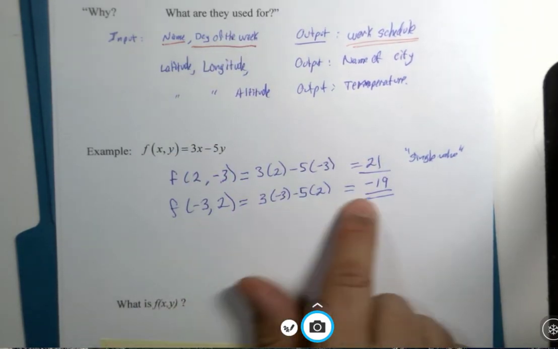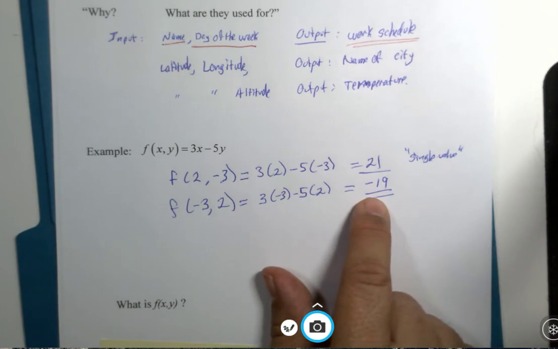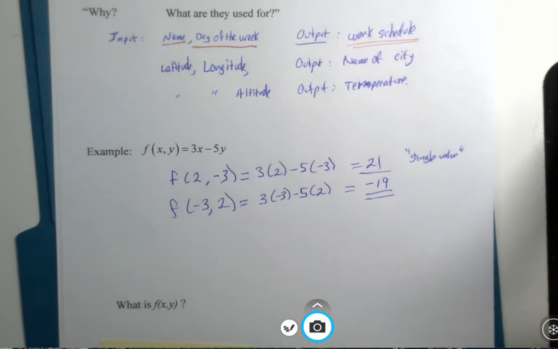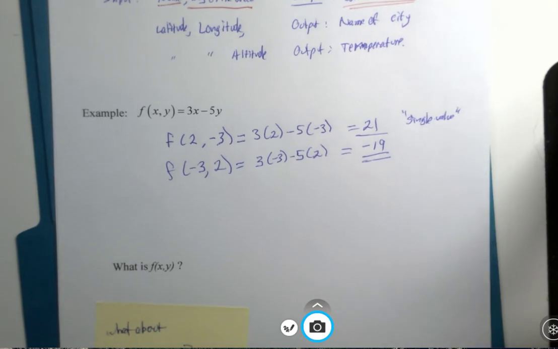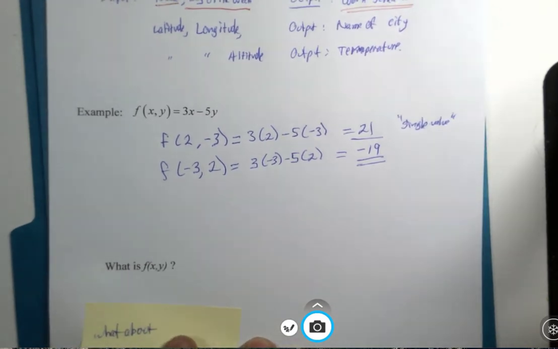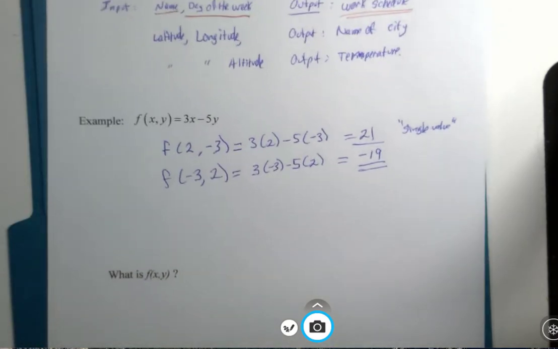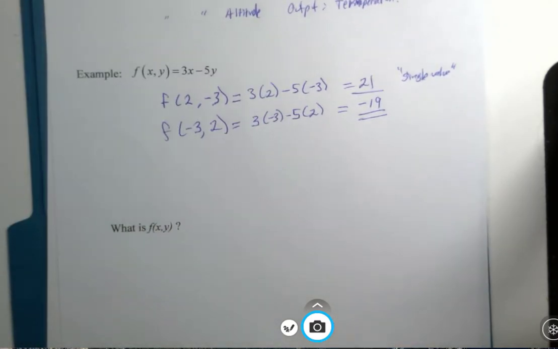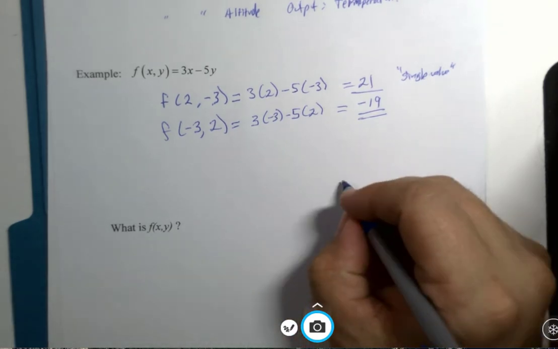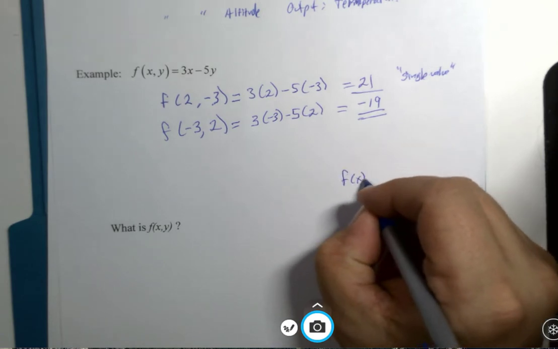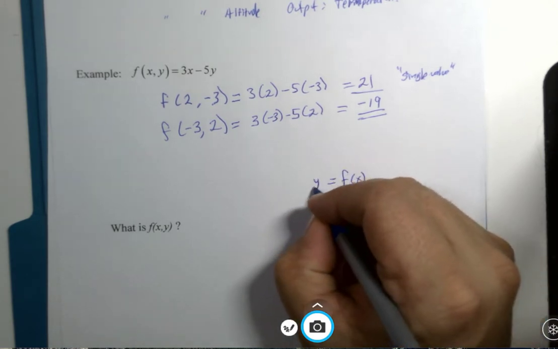So the last thing I'm going to do in this introduction is ask the question, well, what is the f of xy? Excuse me here. What is the f of xy? And so I want to remind you that when we had only f of x, we often nicknamed this y equals.